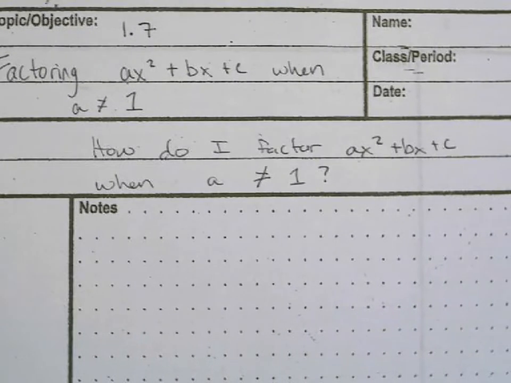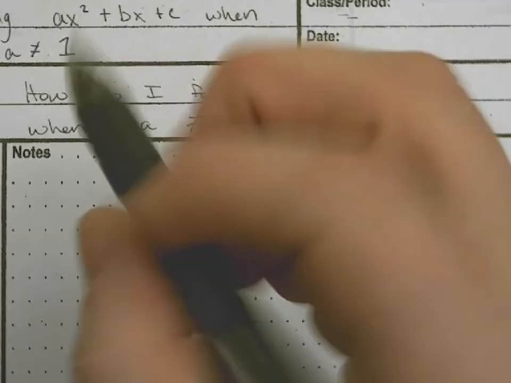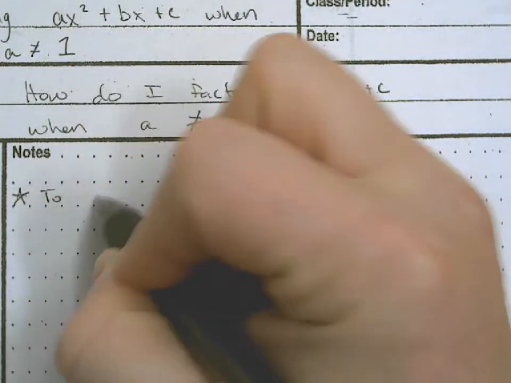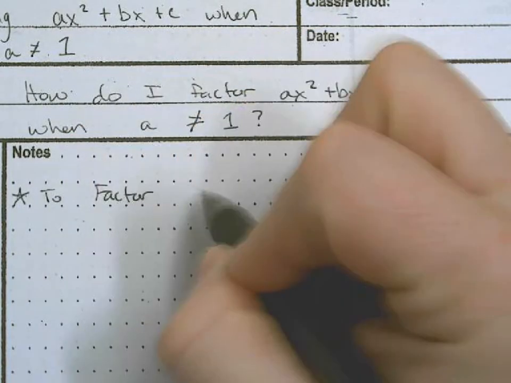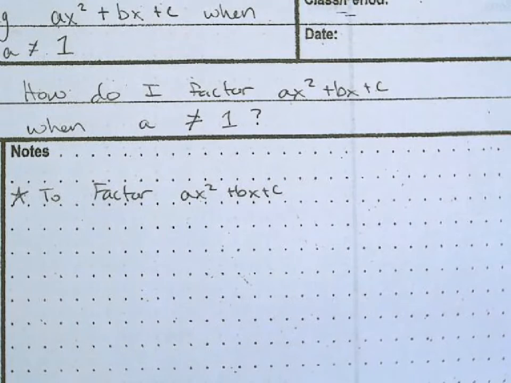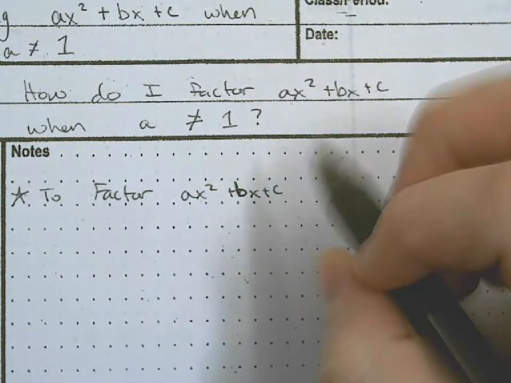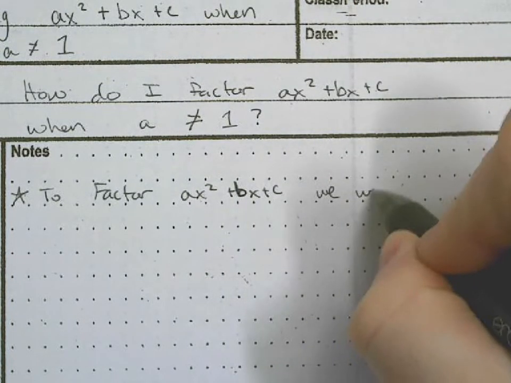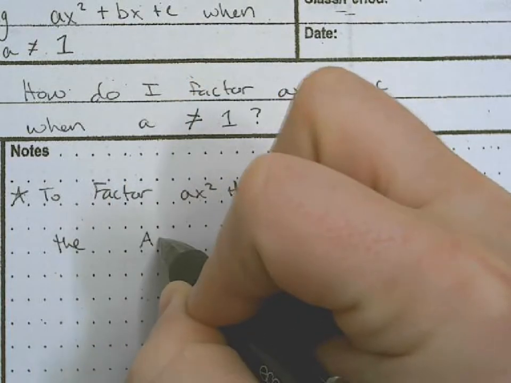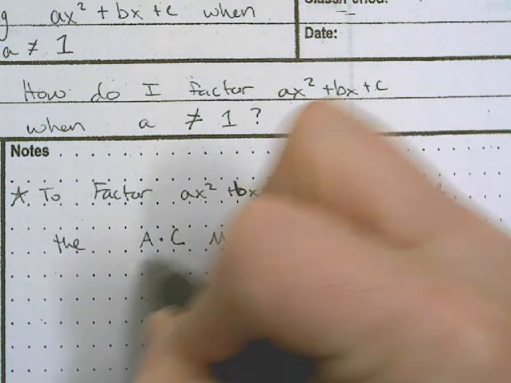So to do this, to factor ax squared plus bx plus c, we will use the AC method.